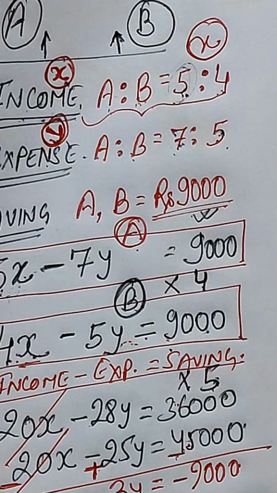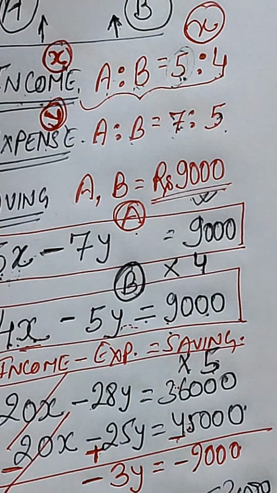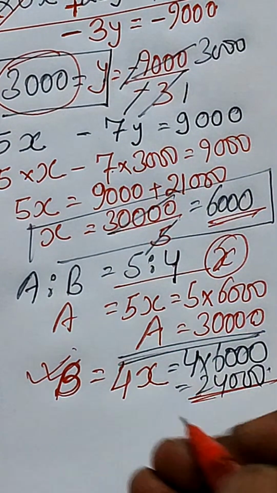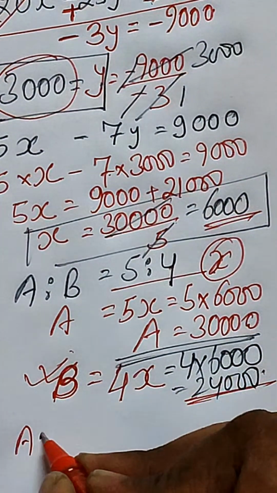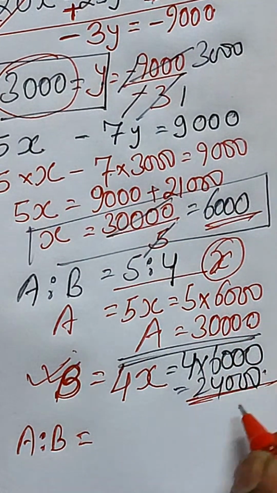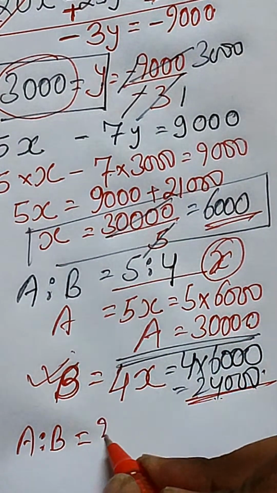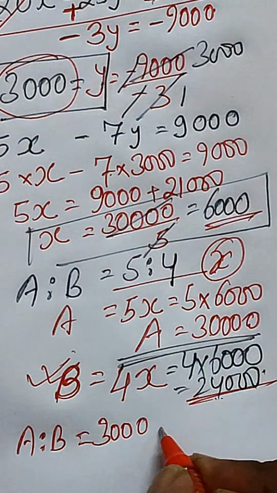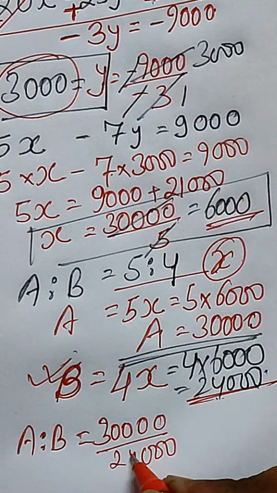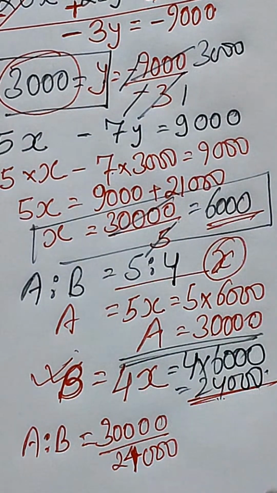30,000 and 24,000. And students, you can see when you put up the income, the ratio of A and B's income will be 30,000 is to 24,000. Just check with the question that our answer is correct or not.